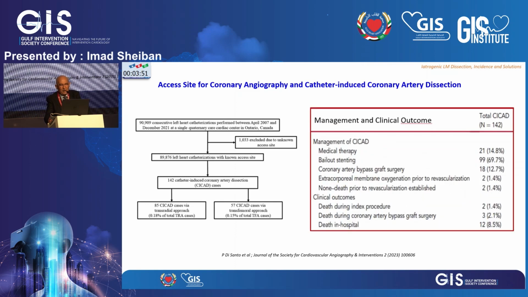And if we look about clinical management and outcome, you can see that the medical therapy, that means conservative, is still used, but in small percentage of cases. The most used is bailout stenting, and it is good to know that clinical outcome is also good, as measured by death during index procedure or death during coronary artery bypass grafting, and death in hospital.